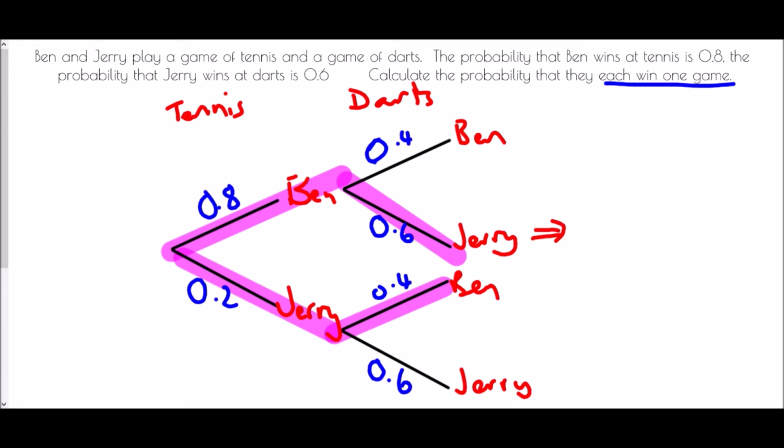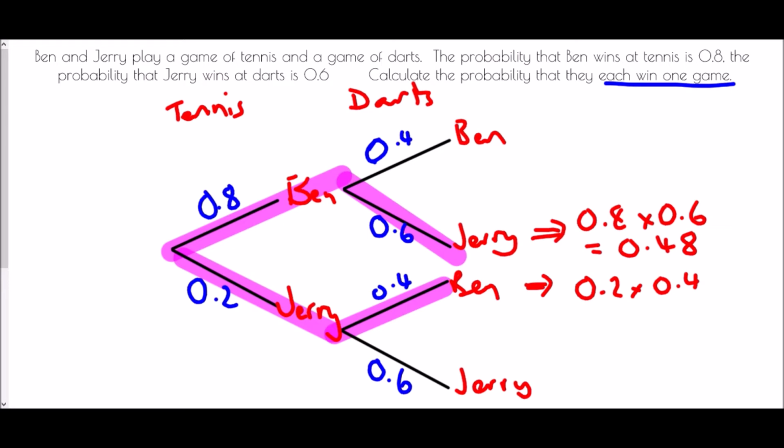Well, the probability that Ben wins tennis and Jerry wins darts, well, that is 0.8 times 0.6. It is 0.48. What is the probability that Jerry wins tennis and Ben wins darts? Well, that would be 0.2 times 0.4.